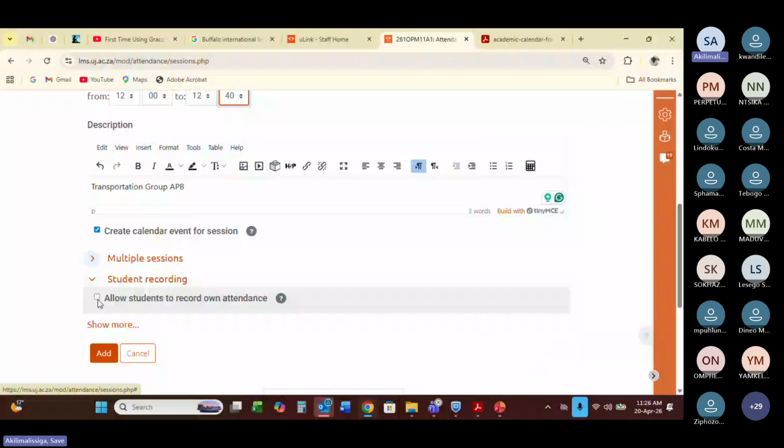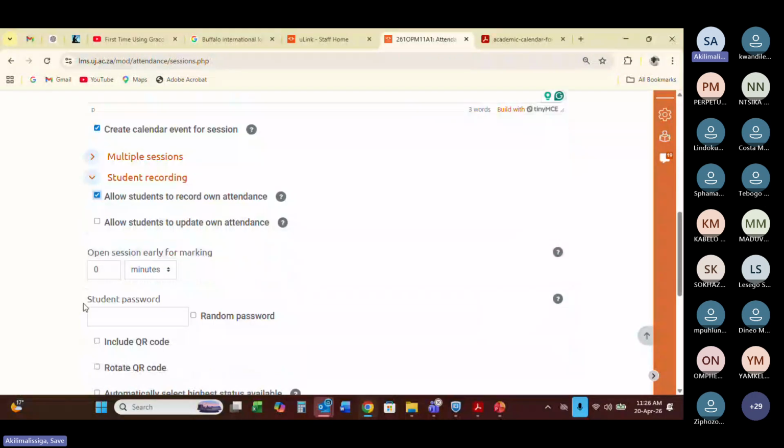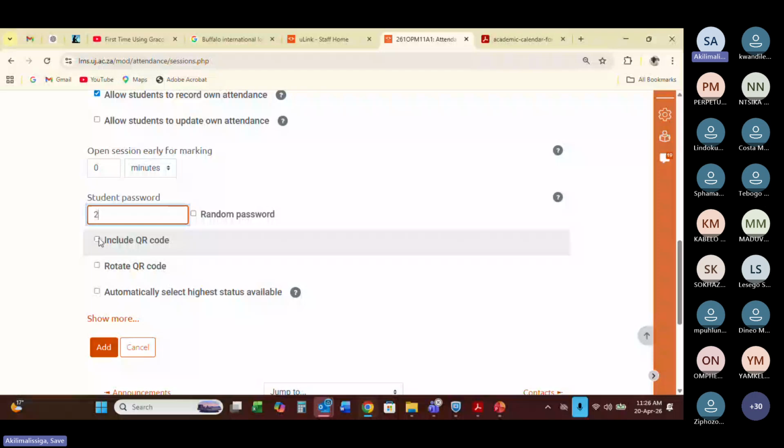Allow students to record their own attendance. Yes. The password is true. Include a QR code, not necessary. You guys will just input number 2 there as the password.